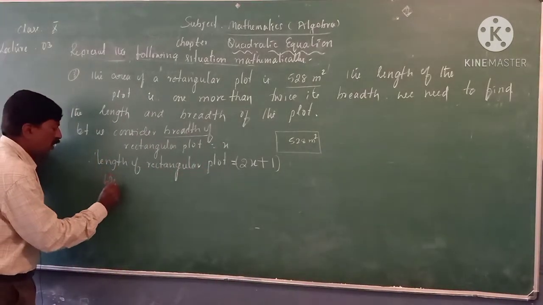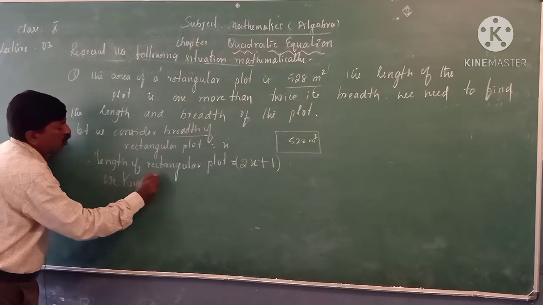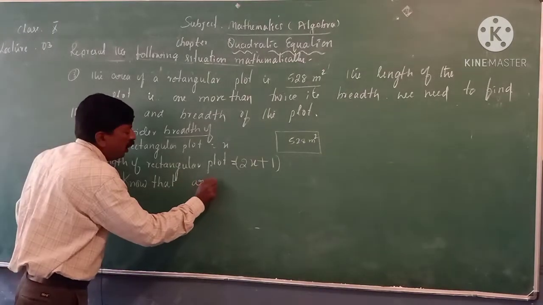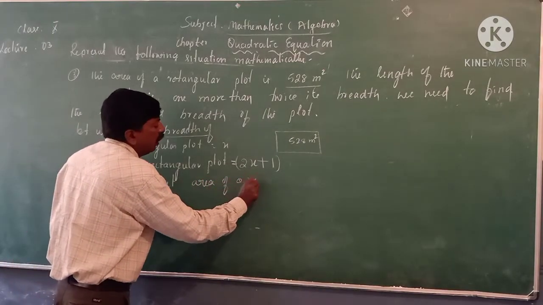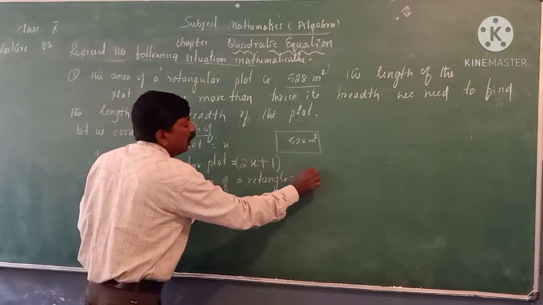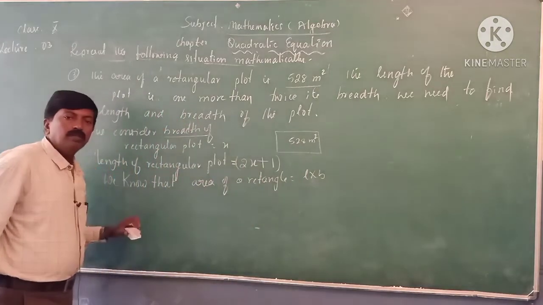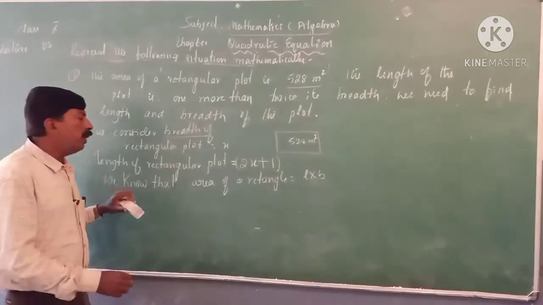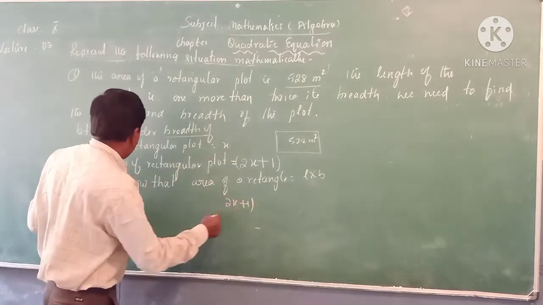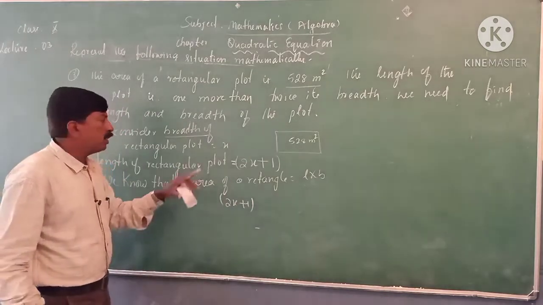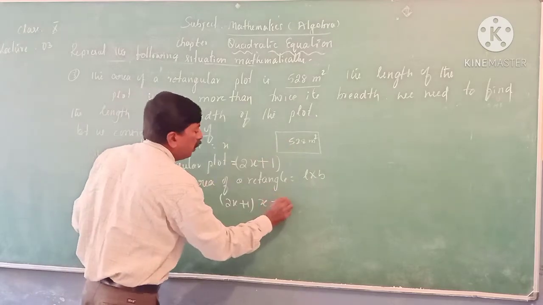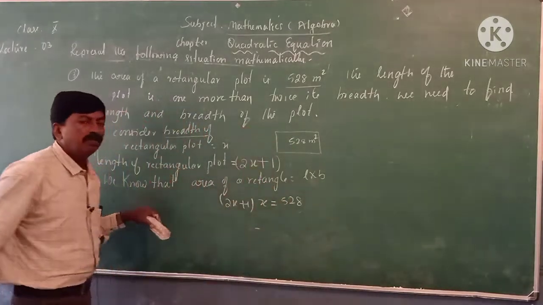We know that the area of a rectangle is length into breadth. A is equal to length into breadth. So length is 2x plus 1, remember, and breadth is x. That must be equal to 528.